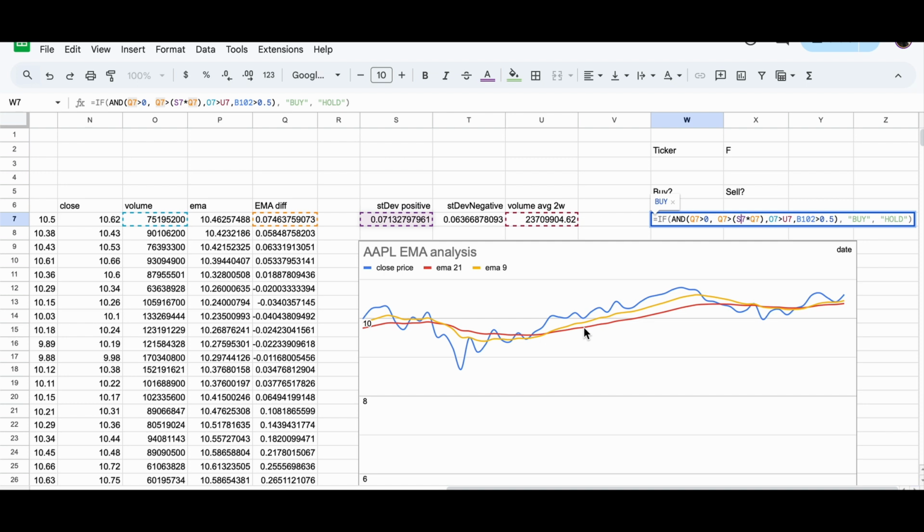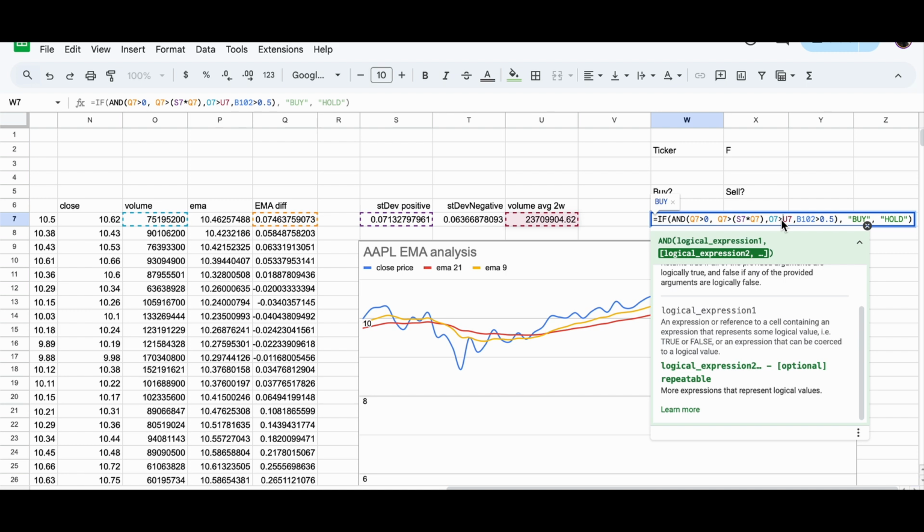But by how much should it be larger? Well, I decided to take the standard deviation to see how much it deviates from the average, and if this EMA difference exceeds this average deviation, then it means that the trend is getting stronger. That's why I'm taking this standard deviation, simply multiplying positive standard deviation by EMA difference, and it should be less than the EMA difference itself.